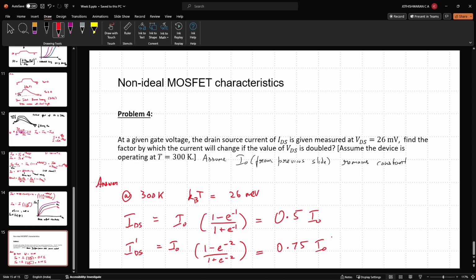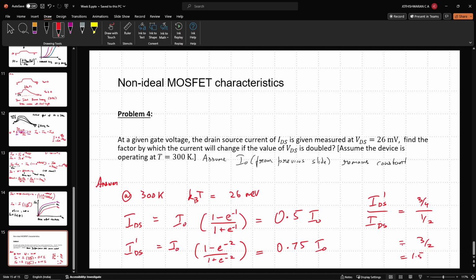The idea is to get a feel for how much this changes by. So what is the factor by which it changes? IDS dash by IDS is essentially 3 by 4 divided by 1 by 2, that is 3 by 2, a factor of 1.5 times.